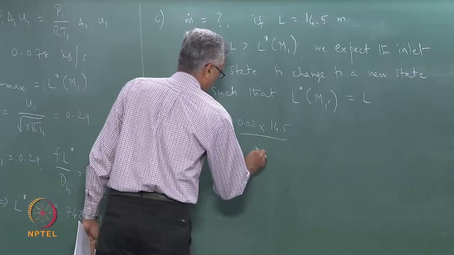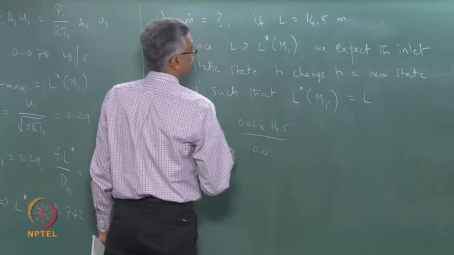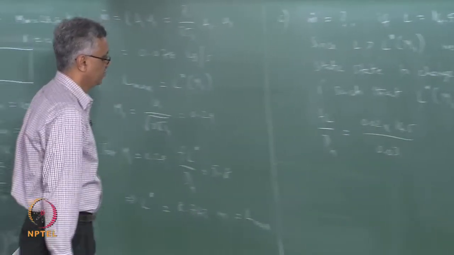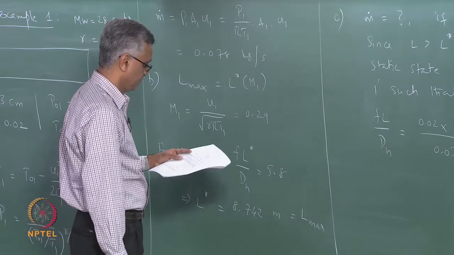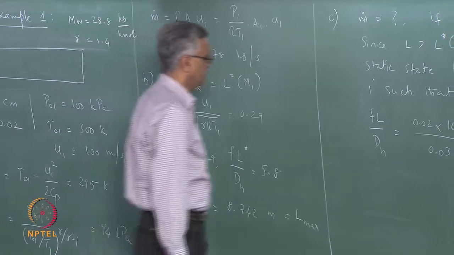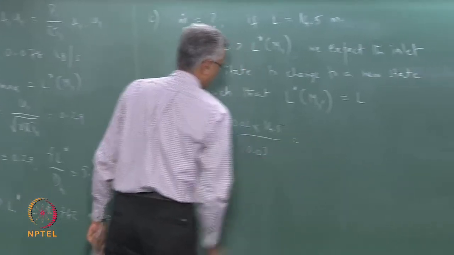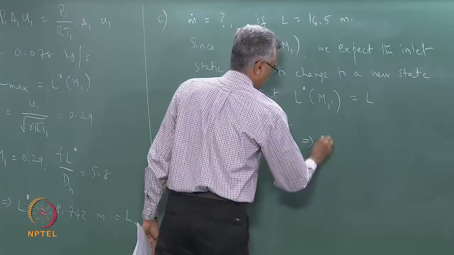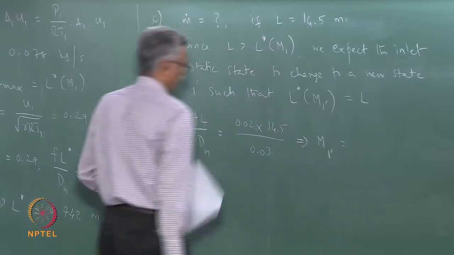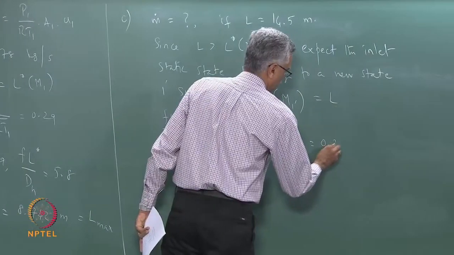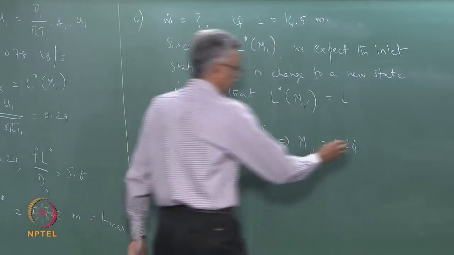So, this is 0.03 meters. So, if I go to the tables with this value, this corresponds to M1 prime, which is equal to 0.24 from the table.